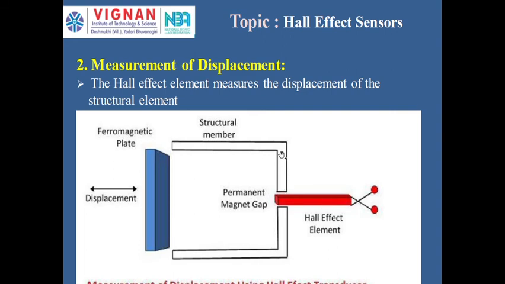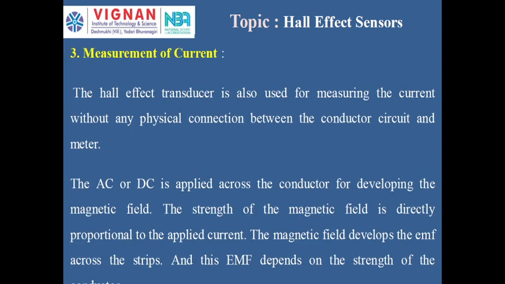So this magnetic field strength depends upon the position of the ferromagnetic plate. That means that is the displacement. So whatever voltage we measure is proportional to the displacement of the ferromagnetic plate from the structural member. So like that we are able to measure the displacement.